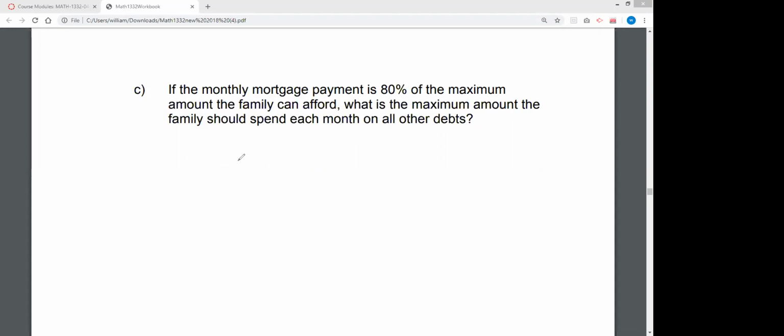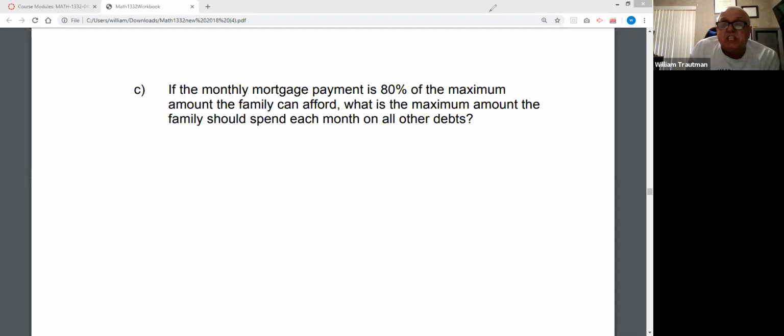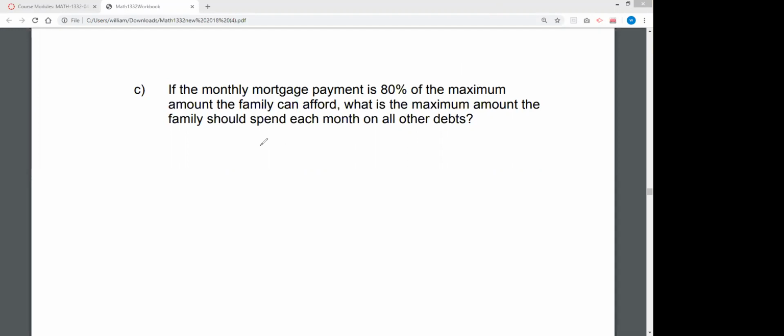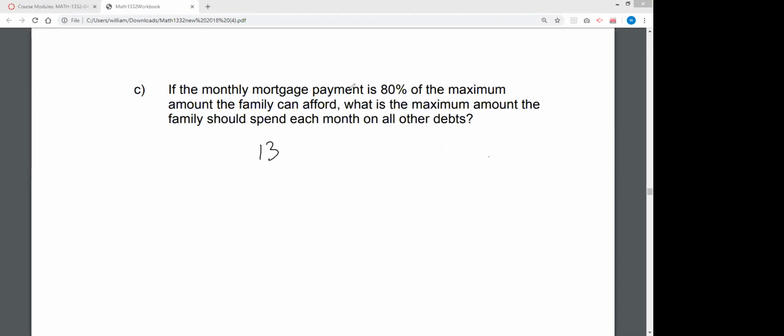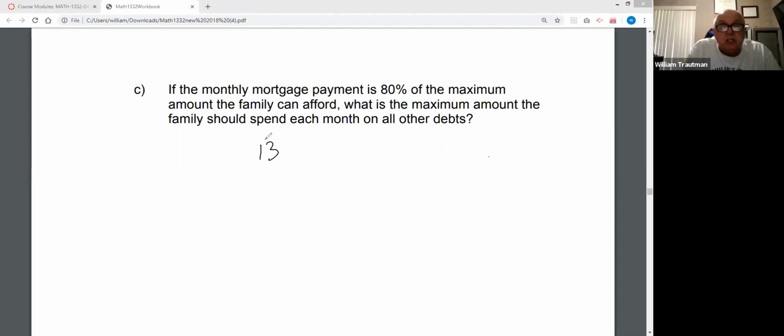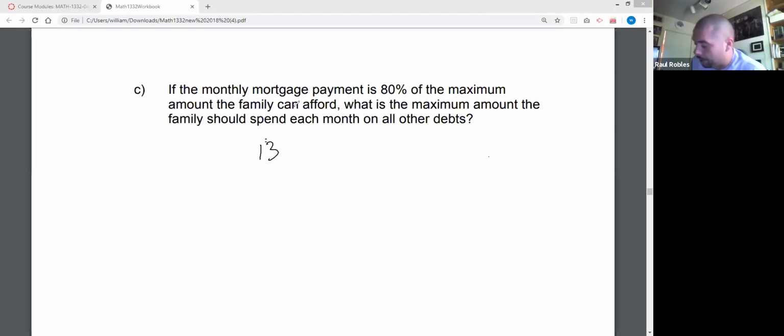$342. What was that number that we just had above? 1710. The maximum total monthly credit obligation they should have is 1710. The mortgage is 1330.